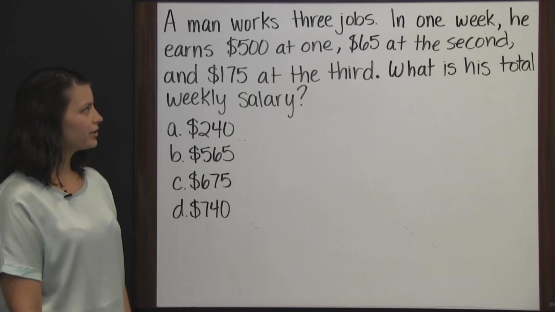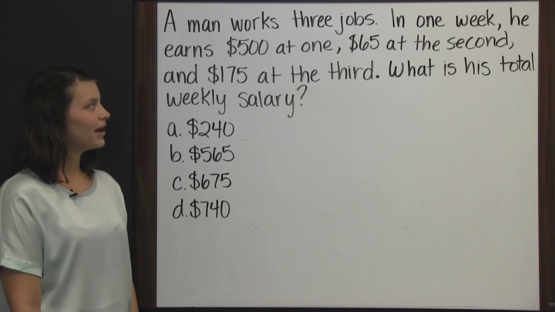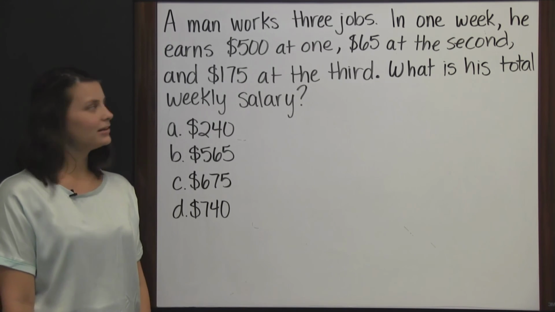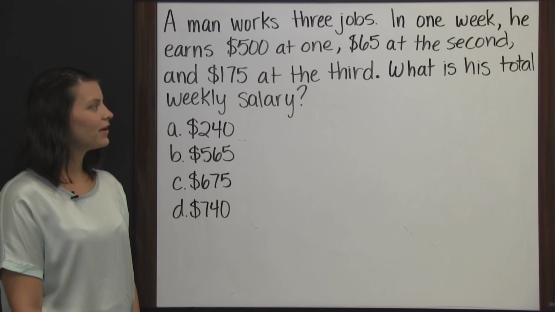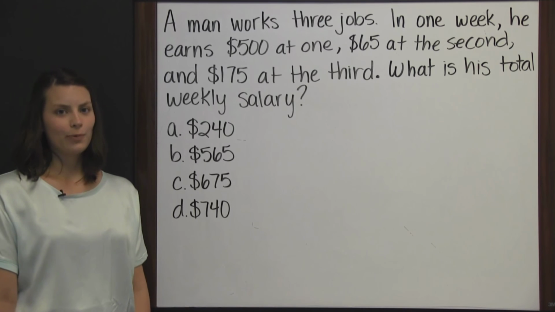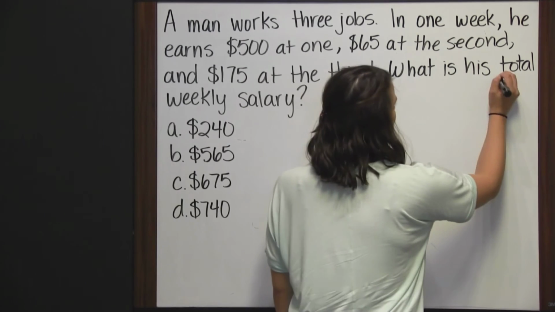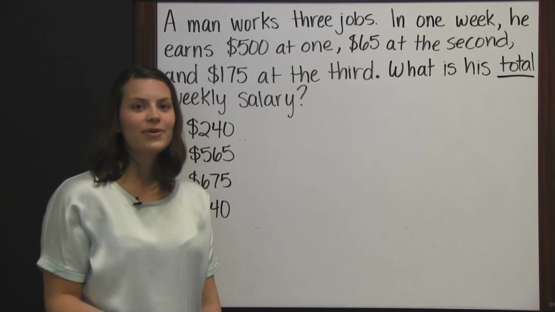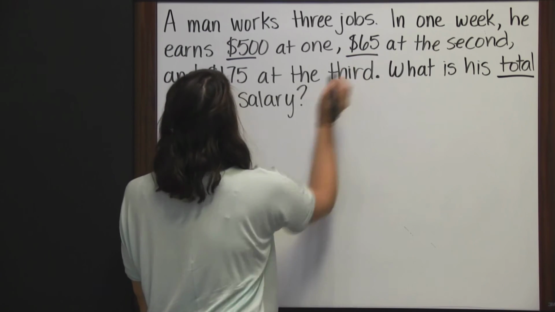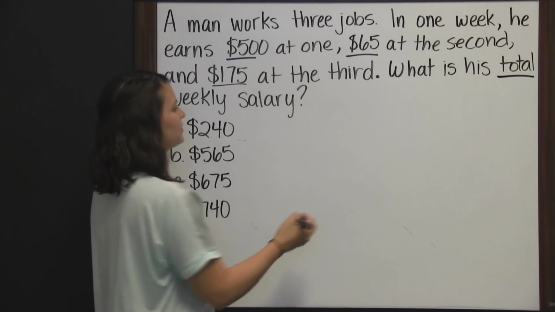A man works 3 jobs. In 1 week, he earns $500 at one, $65 at the second, and $175 at the third. What is his total weekly salary? This word total tells us that we need to add up all of the money he earns from all three of his jobs.